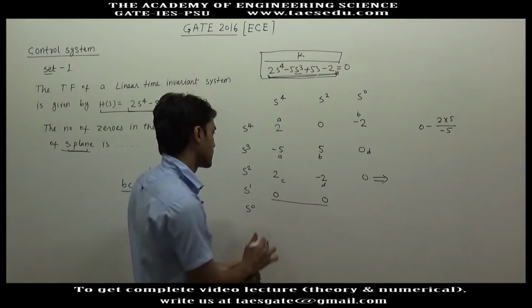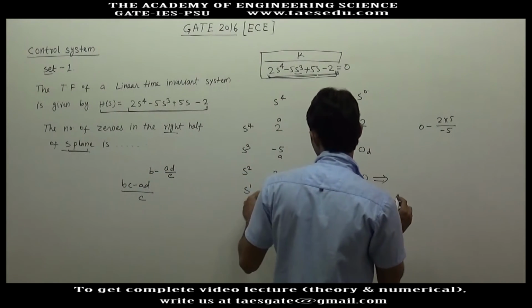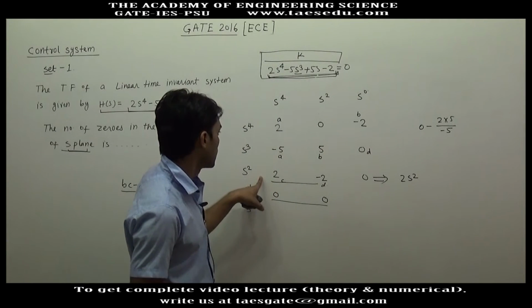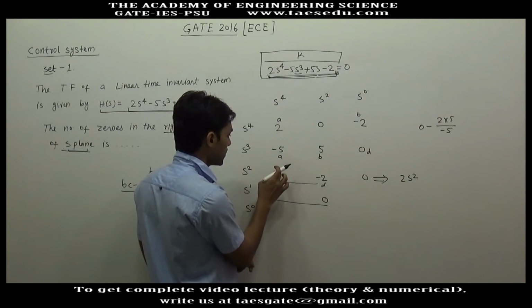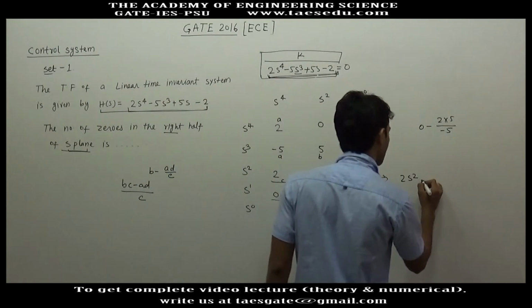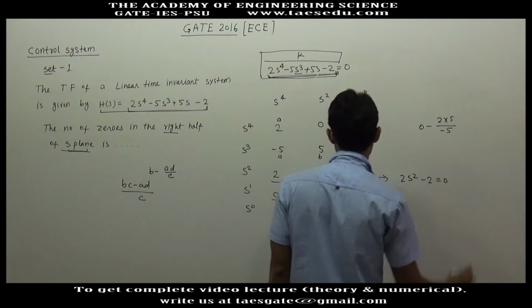What will be the characteristic equation here? We will have 2s^2 minus 2 s^0, so 2s^2 minus 2 equal to 0.